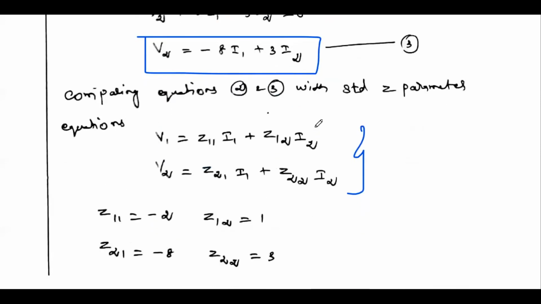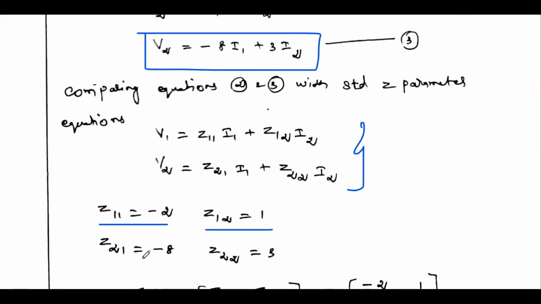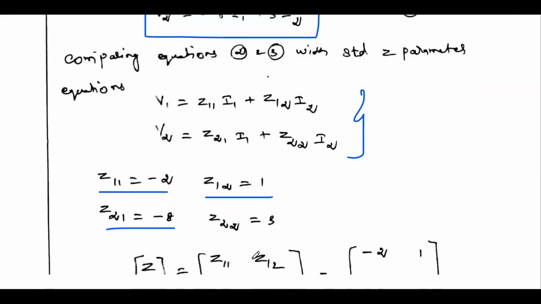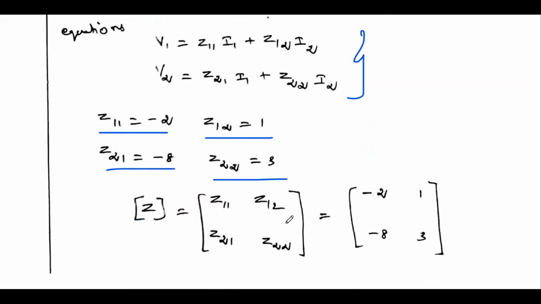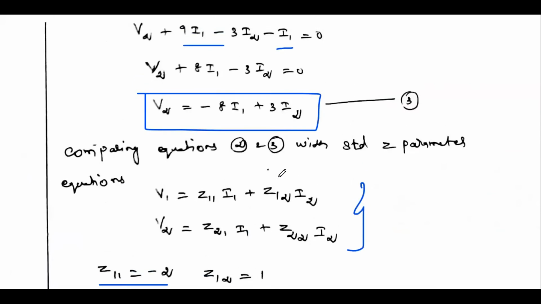So we can write Z11 as minus 2, Z12 as 1, then Z21 as minus 8, Z22 as 3. If you want to form the Z matrix, the Z matrix equals Z11, Z12, Z21, Z22. You just write minus 2, 1, minus 8, 3. So this is the Z parameter of our given network.